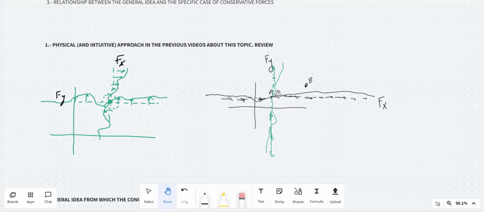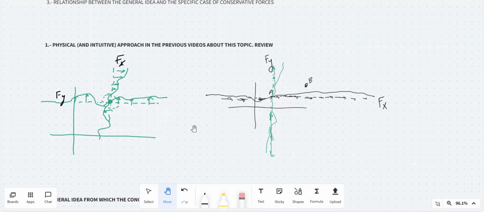The combination of these two is the result, the general case scenario, the general pattern that any force can follow. I'm not going to explain much more about this. I recommend you watch the previous videos to understand this much deeper.